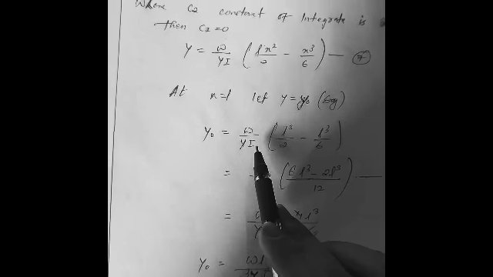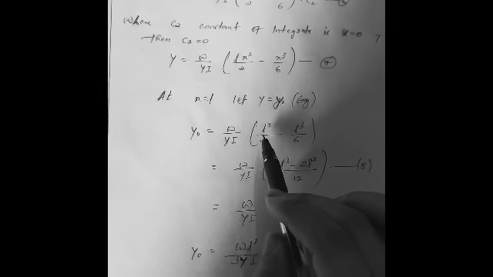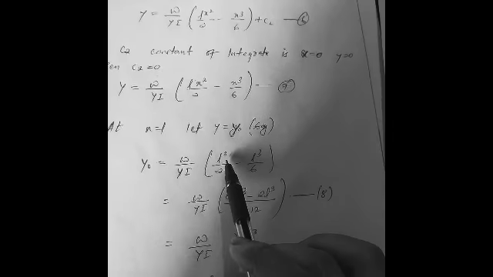By replacing x equal to L, it will be L cube, and this is equal to W by YI into 3L cube minus L cube divided by 6, which is W by YI into 2L cube by 6. This is equation 8. Simplifying, y naught is equal to WL cube by 3YI, and this is equation 9.